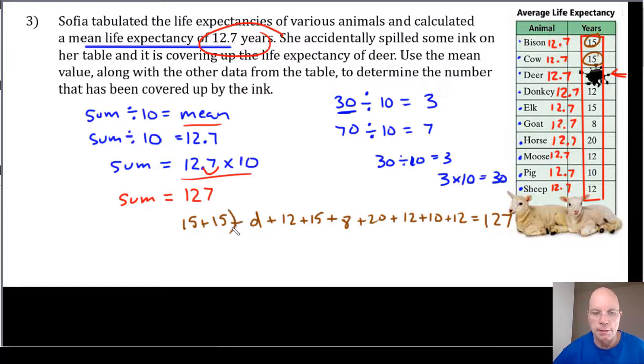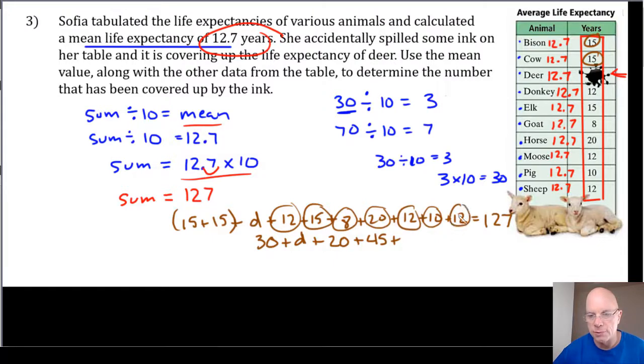Then let's try to combine some of these by using the associative property. It's easy to add 15 and 15, that's 30, plus D, plus, I'm going to add the 12 and the 8, that's 20, plus the 20 and the 10 is 30, plus 15 more is 45, plus these two 12s add up to a sum of 24.